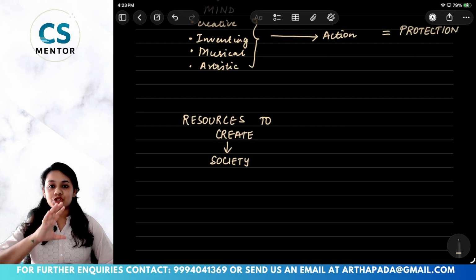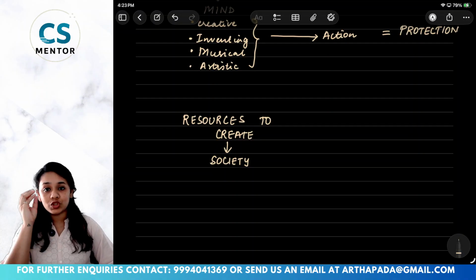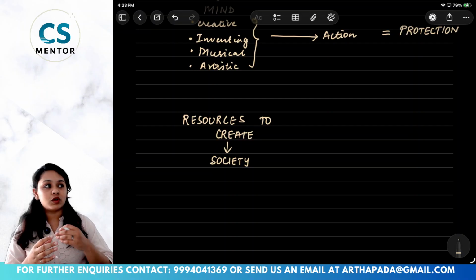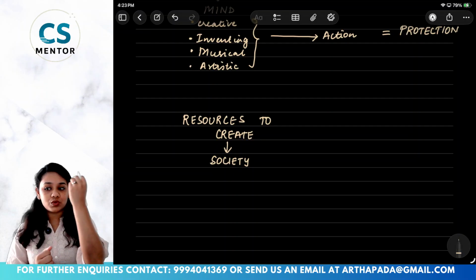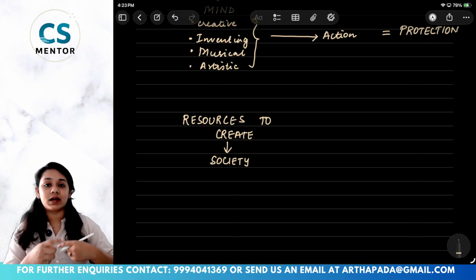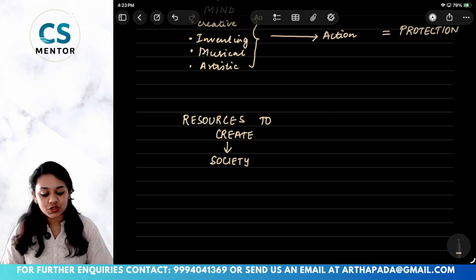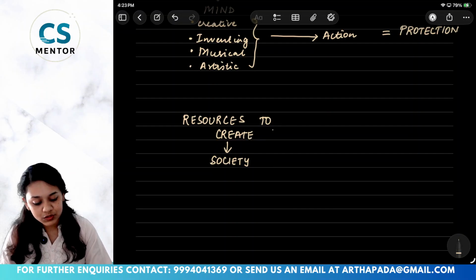Or the story itself must have been something that you must have seen somewhere, correct? So you are observing things in your society, the resources are coming from the society to go through your mind and get converted into a creative activity. So the resources to create end up making that creative idea.